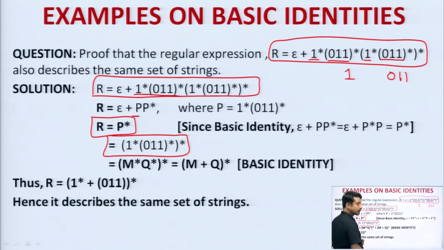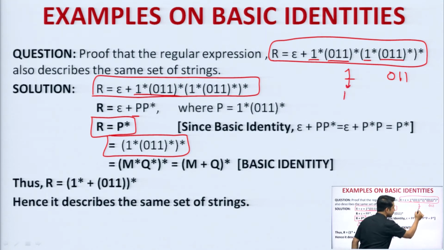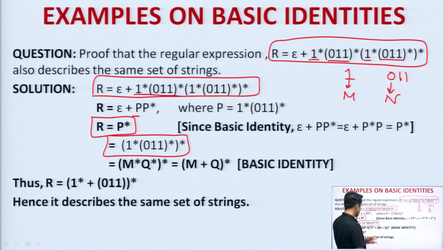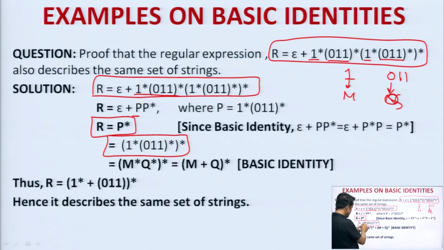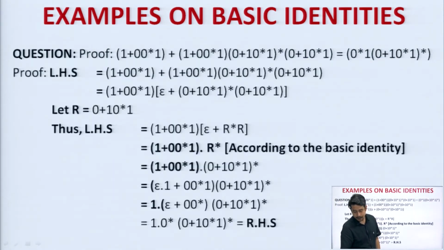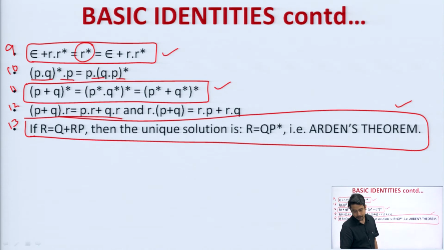Now, in this expression, if I take 1 as m and I take this 0 1 1 as n, I think the same one I have taken here as q, okay, fine, no issue. So, that means m star q star whole to the power star. If you remember basic identity number 11, it says that m star p star q star whole to the power star we can write like this, p plus q whole to the power star.